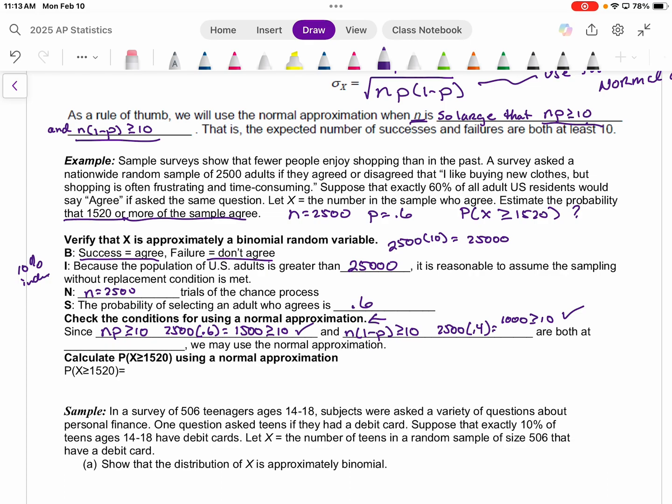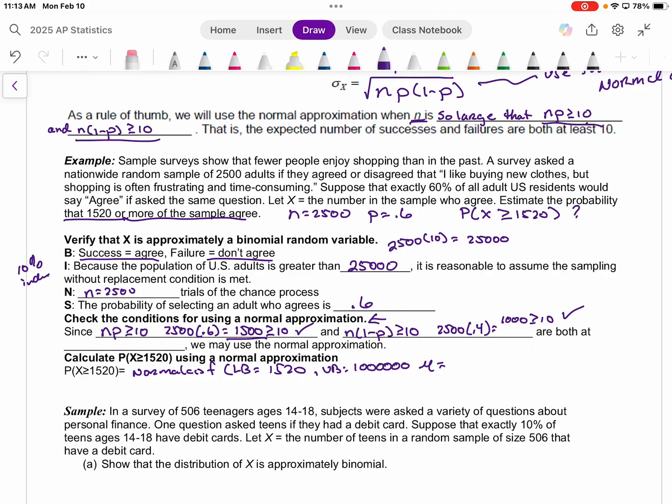So they asked us to calculate using a normal approximation. So with that in mind, I'm going to do a normal CDF. Lower bound is 1520. Upper bound is something really big. My mean, we actually find the mean in that first part, the NP.